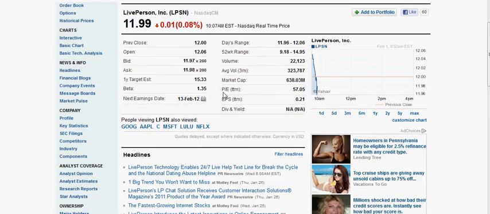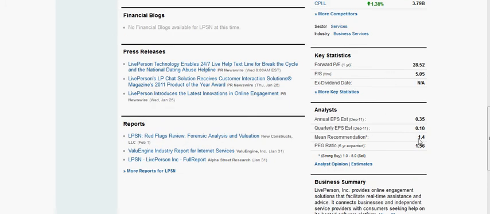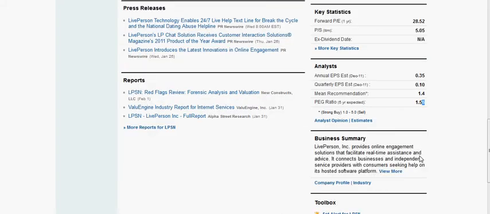Take a look. PE ratio, 57.05. When I made this trade and bought earlier, it wasn't close to that. It was much lower. 57.05. Price to earnings growth ratio is 1.56. Anything below 1 is considered undervalued, so this is not below 1.